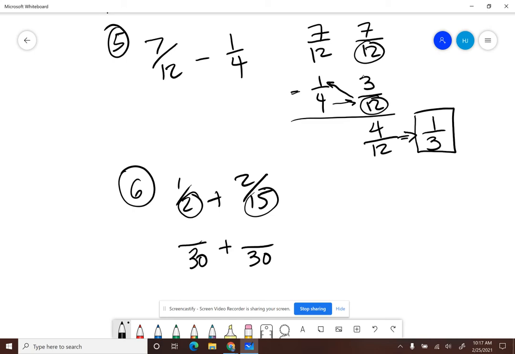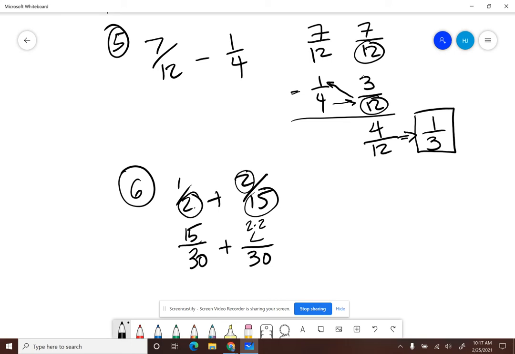But I have to convert these fractions based on this new common denominator. So 2 times what is 30? That's 15. Then I take 15 times 1, and that equals 15. So 15/30 is the same thing as 1/2. Now over here I have 15 times what equals 30. Well, 15 times 2 equals 30. So now up here I'm going to have to do 2 times 2 times the numerator that I already had here.